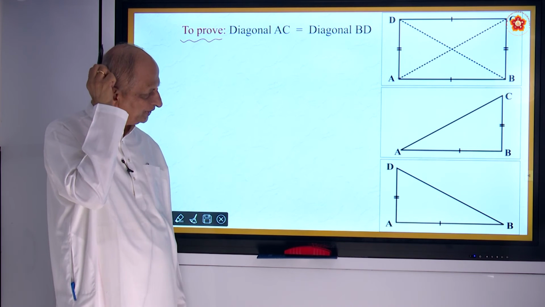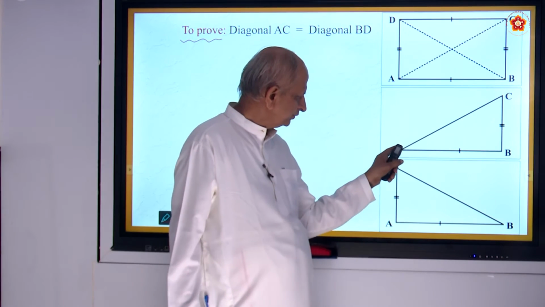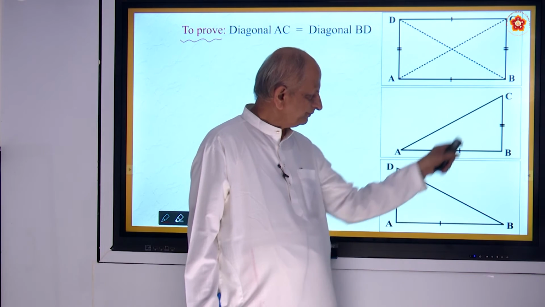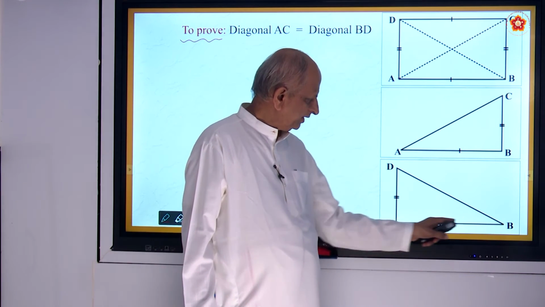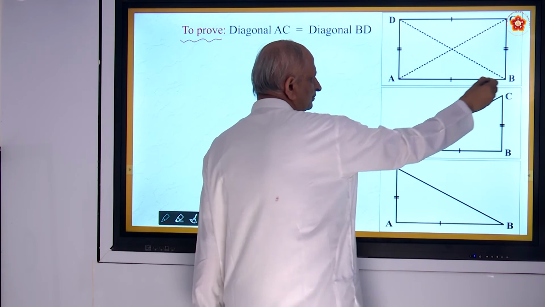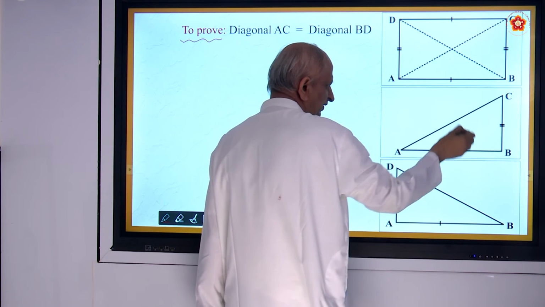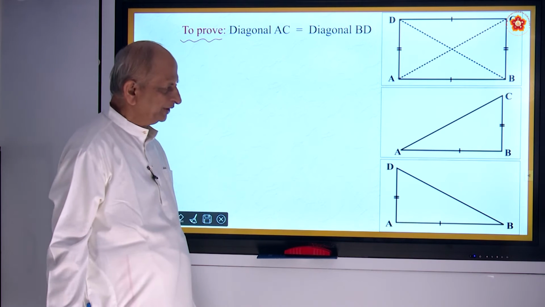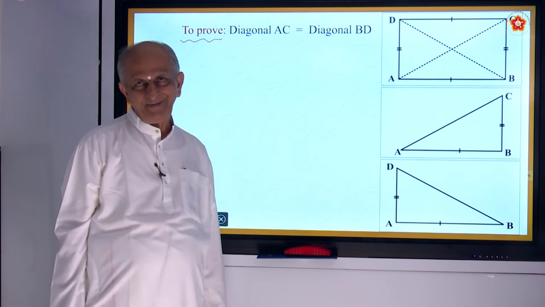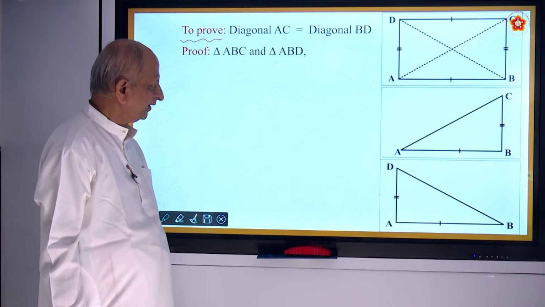For that, we will do one thing. We will cut out the triangles separately. One is called ABC, another is called ABD. See, ABD is here with AB as base, and ABC is here. We will separate them so that you can understand the property easily. Now, the proof.